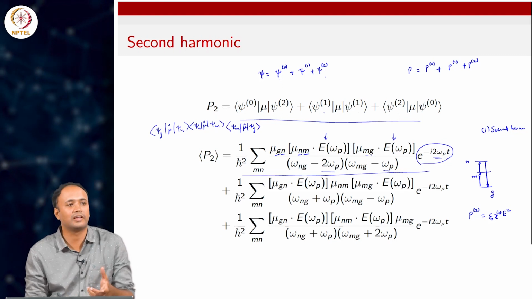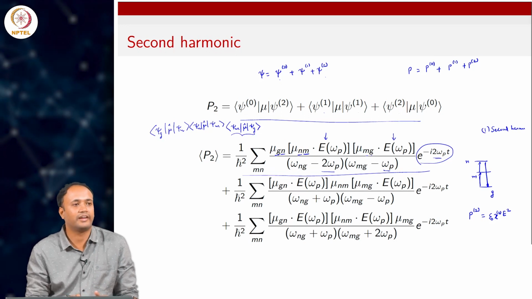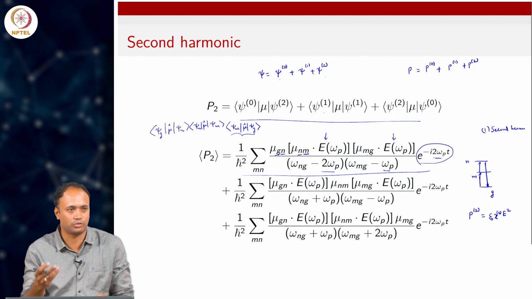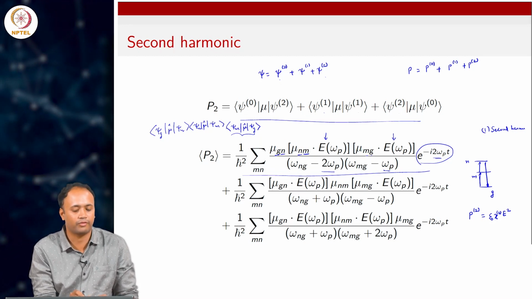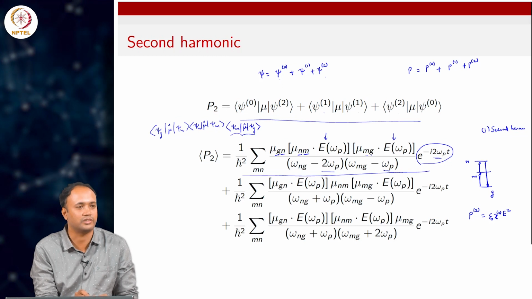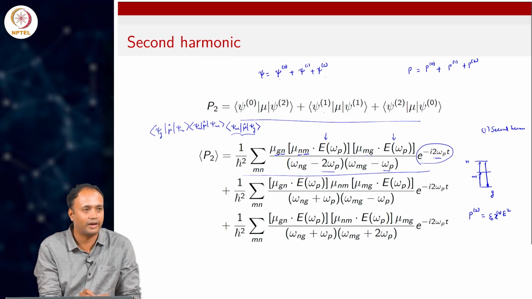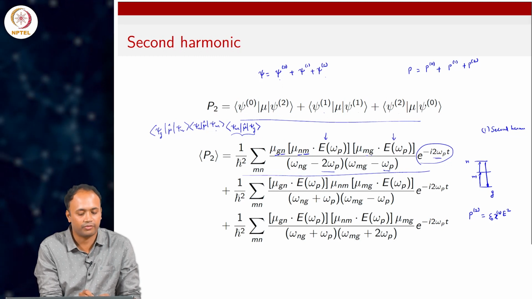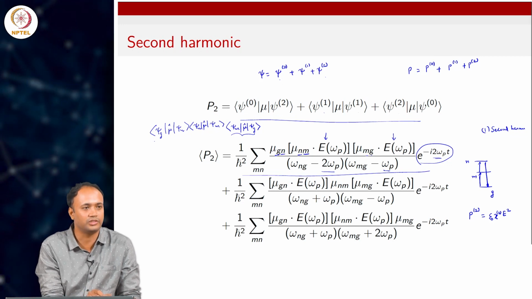So what is a physical interpretation of this, right? What is this matrix element? It gives you the probability, or essentially gives you the coefficient, whose square will give you the probability of a transition happening from the ground state to this M state. I am taking this coefficient, multiplying by another coefficient, which gives me the probability of a transition happening from M to N state, and then an N to G state.